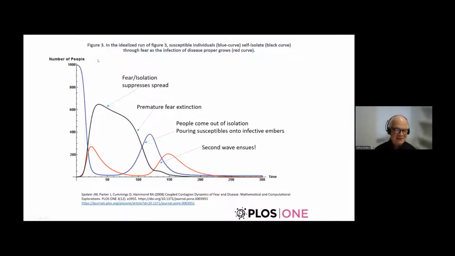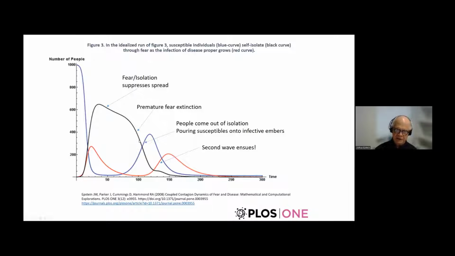This starts with a lot of susceptibles. The infection begins under the classical dynamic, but this produces a lot of fear. Because they're fearful, they go into hiding, which suppresses spread. But now the suppressed spread makes people lose their fear.